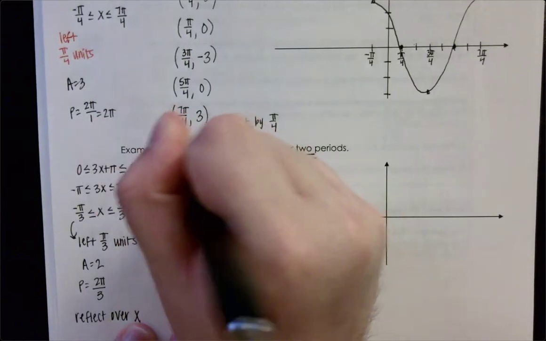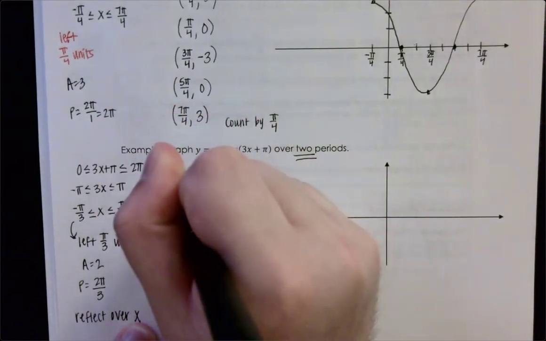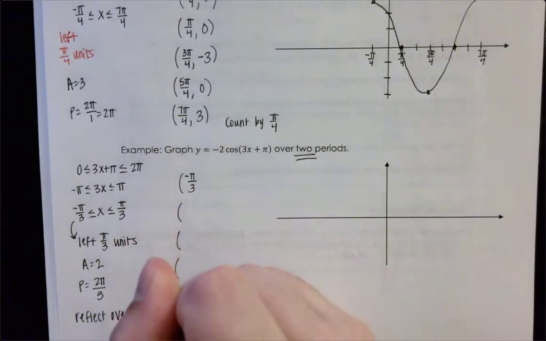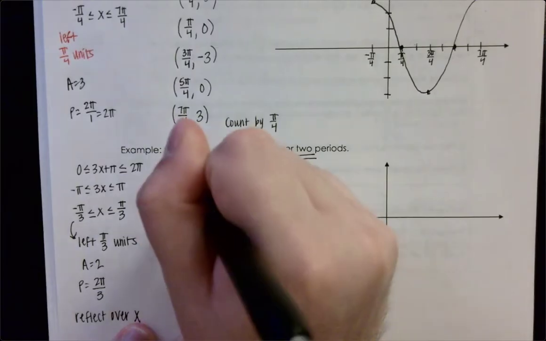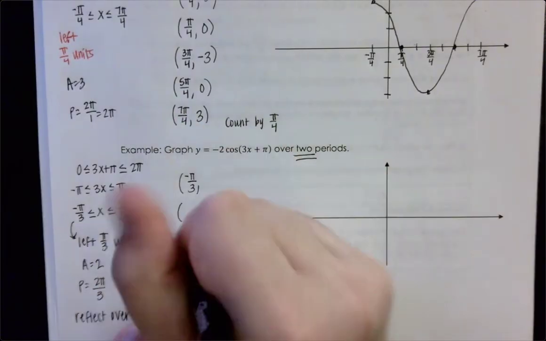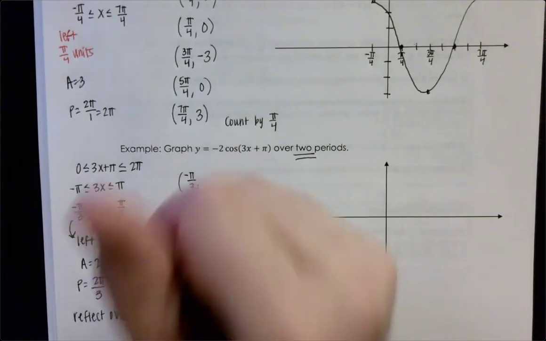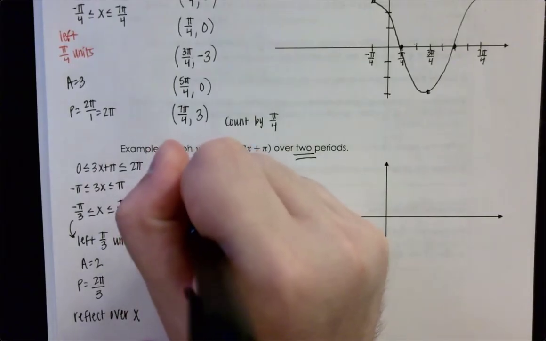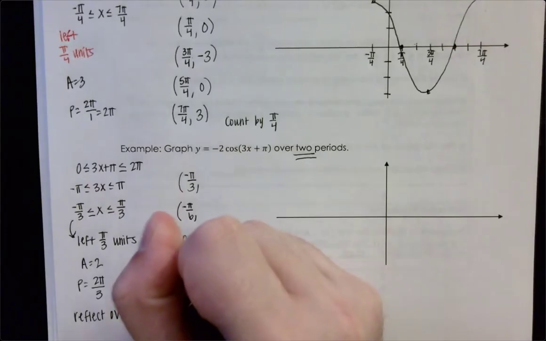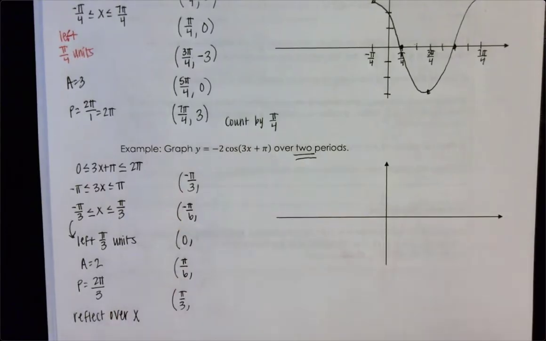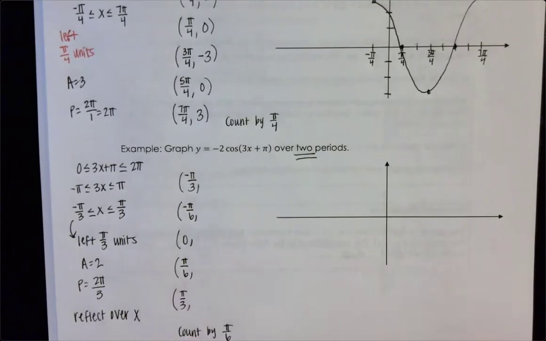So negative pi over 3 and at positive pi over 3. Halfway in between those is just 0. Negative pi over 6, pi over 6. Highest denominator 6, so we're going to count by pi over 6.